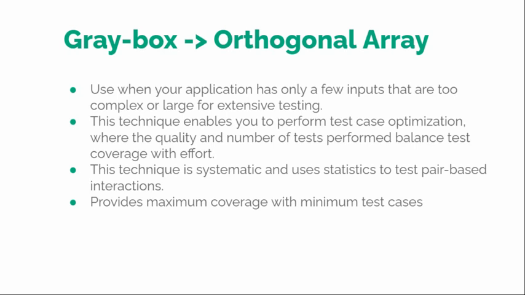This technique is systematic and uses statistics to test pair-based interaction, providing maximum coverage with minimum test cases. So it's about the planning. It's how we smartly plan. We run the minimum number of tests to have maximum coverage over the application.